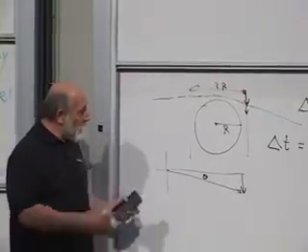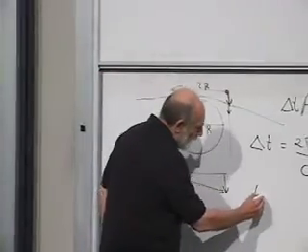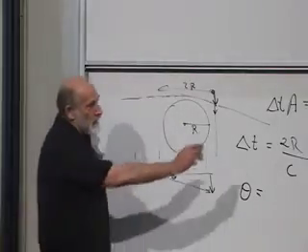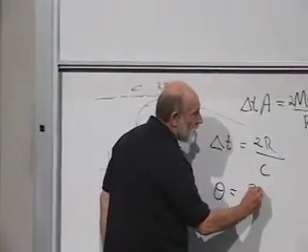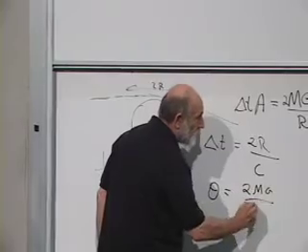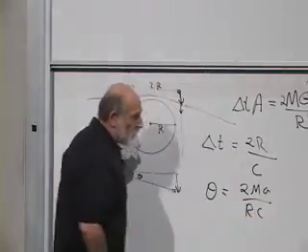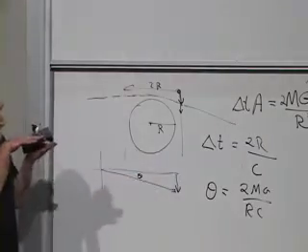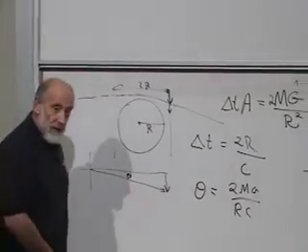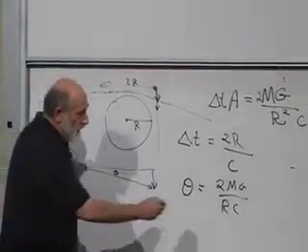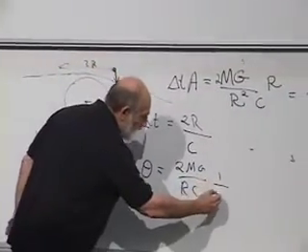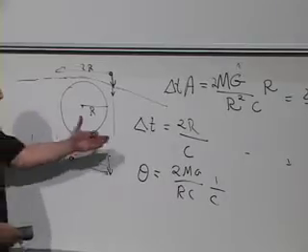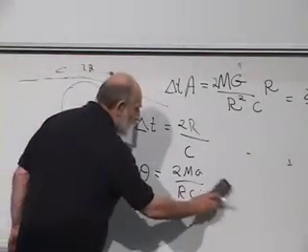So the angle, theta, is equal to the downward component, 2mg over rc, divided by the horizontal component of the velocity, which is c, and here's the answer: 2mg over rc squared.